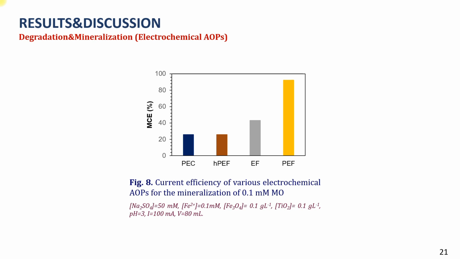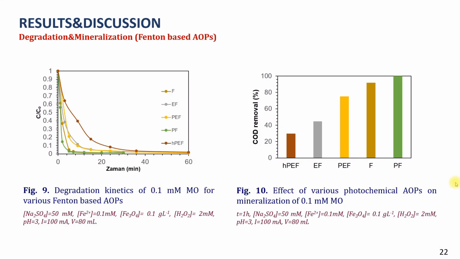When we have also compared the mineralization current efficiency, we have seen that the photoelectro-Fenton process has very high mineralization current efficiencies. When we have compared all the Fenton-based advanced oxidation processes, we see that the traditional Fenton and photo-Fenton processes have the highest yields for the degradation of methyl orange within nearly 6 minutes. Of course, these processes represent the experimental maximum values to us.